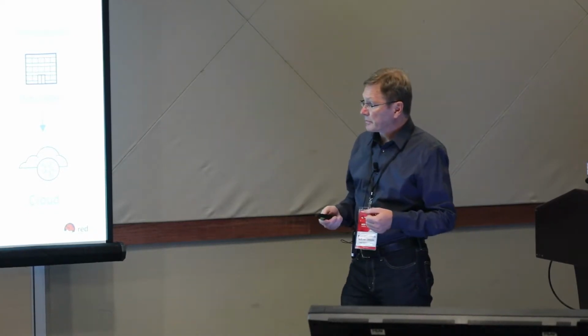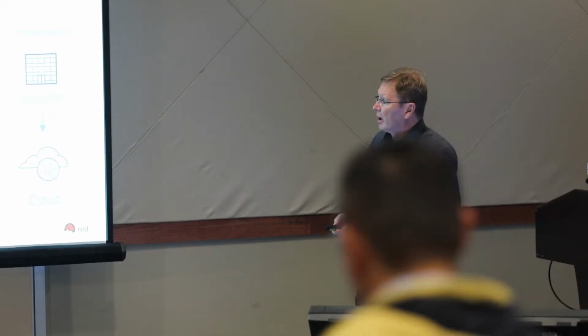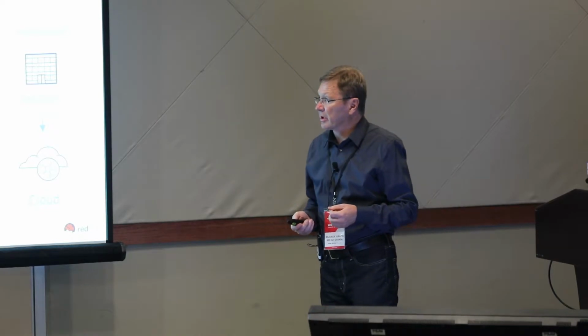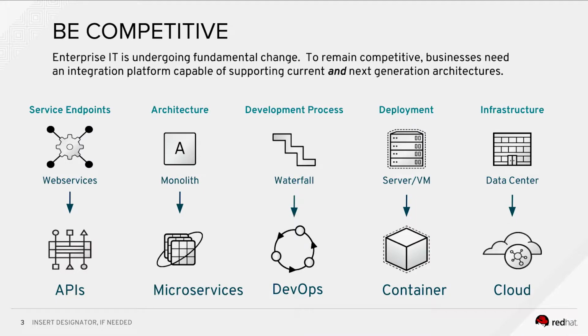When you look at the top layer, how we've built integration over the years using services and deploying them mainly on monolith targets with a long development process supported by VMs in local data centers.